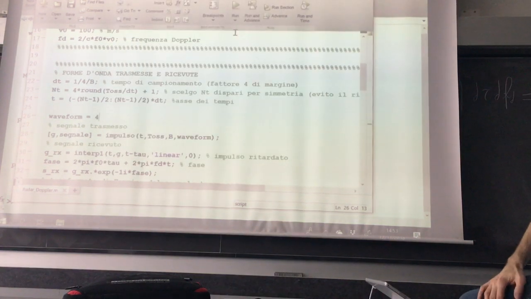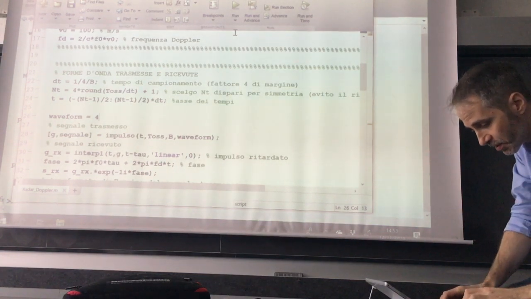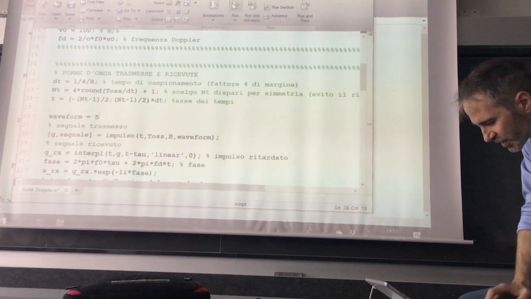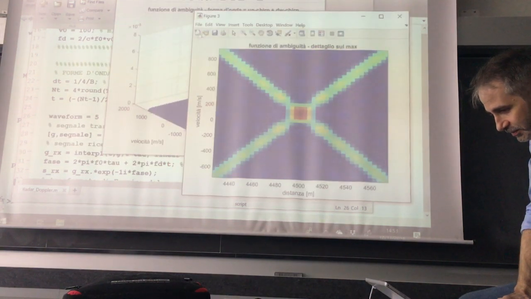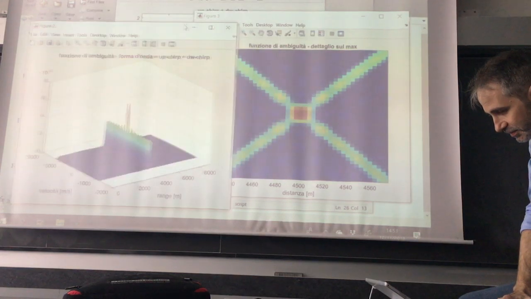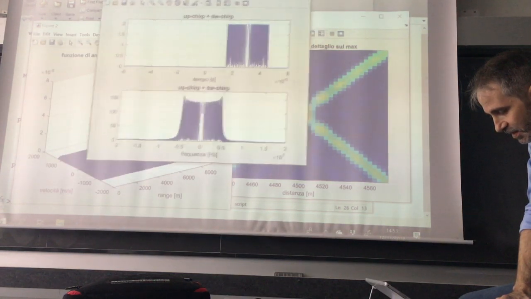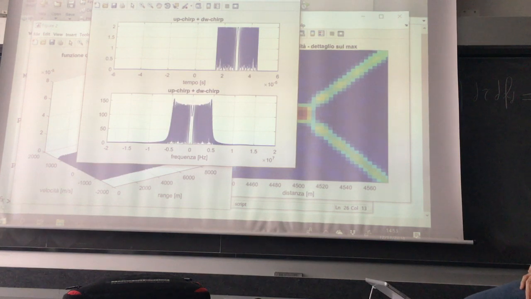Now, since with an up chirp we get this shape, and with the down chirp this other shape, what I can do is to try to transmit them both at the same time. So in this case I am transmitting the sum of a chirp with the sign minus and the chirp with the sign plus.